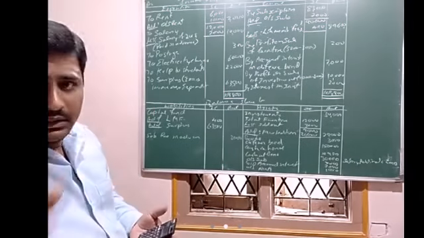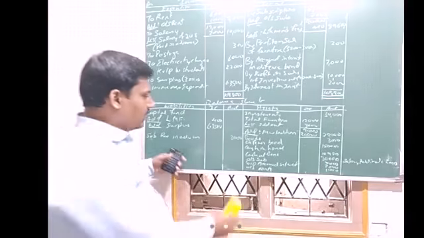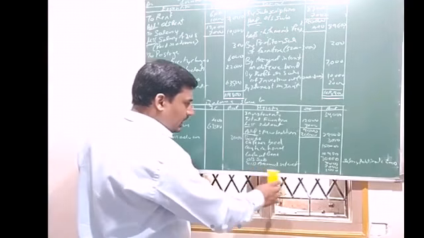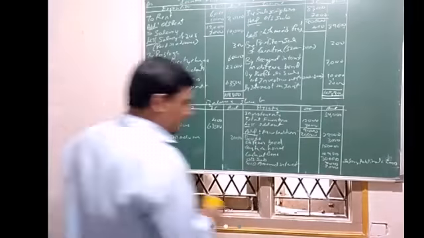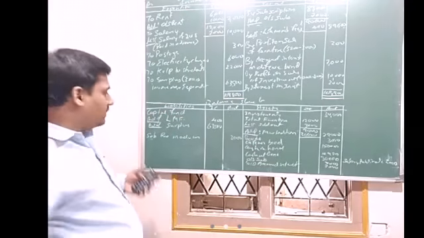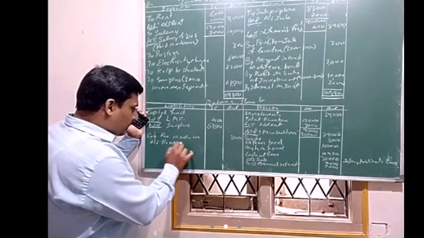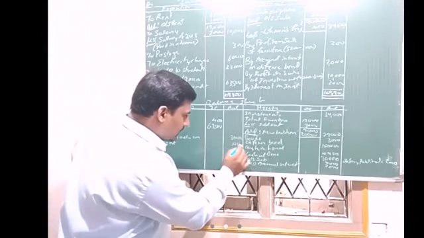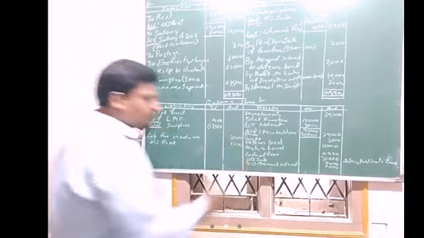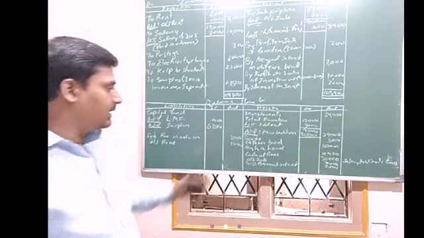Okay, one thing I have wrongly taken here, that is rent outstanding. Rent we have not paid, so that doesn't come here. Outstanding rent is 1,000.